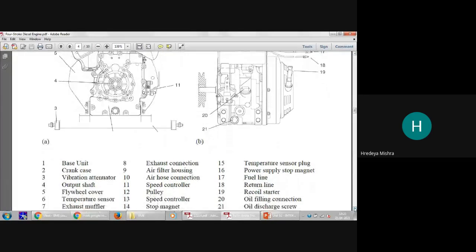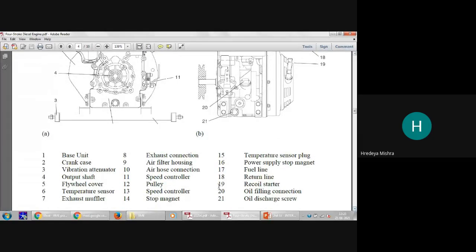See here, below is the explanation. First, base unit.